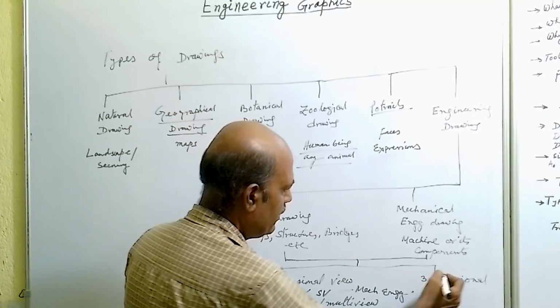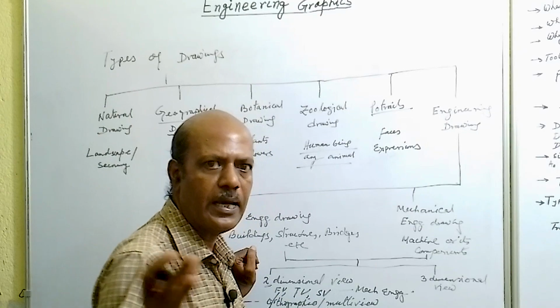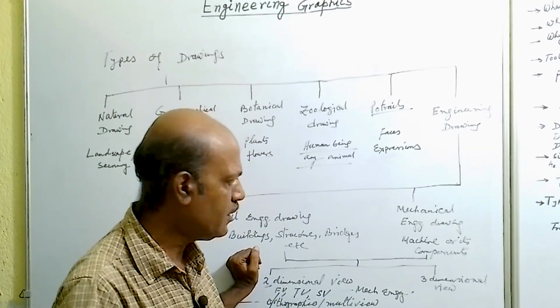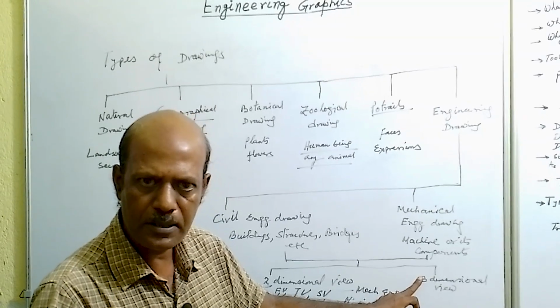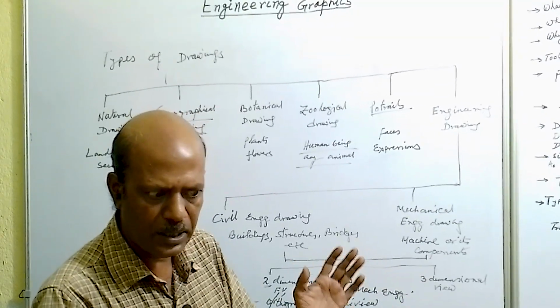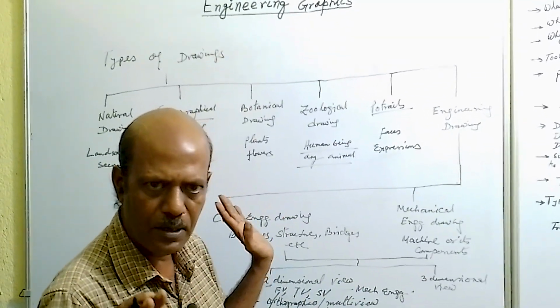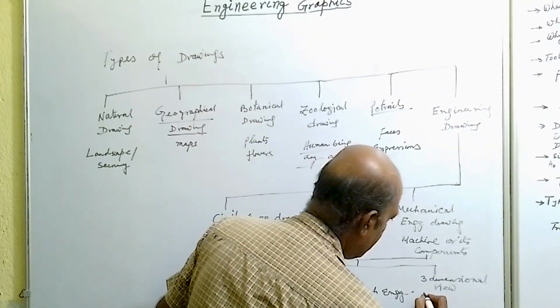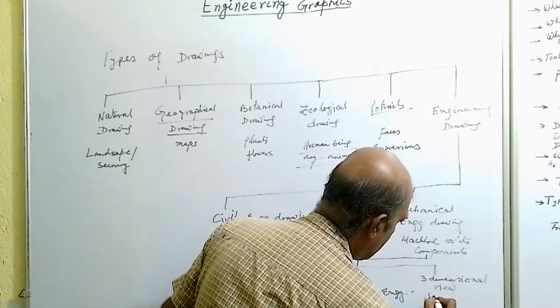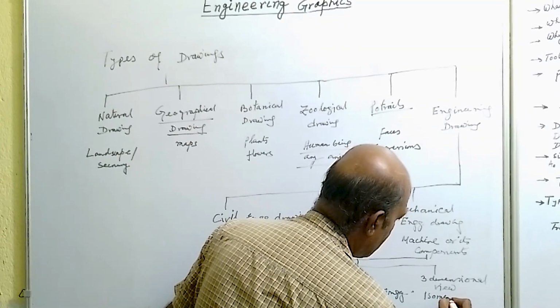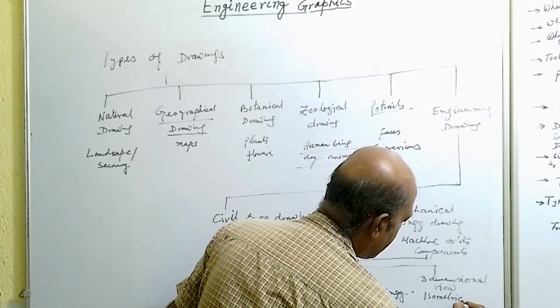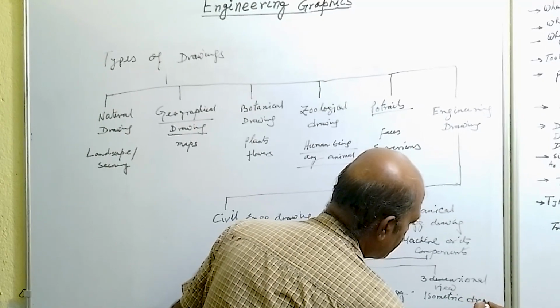And in three dimensional, we can draw the object in three dimensions. That is the 3D object. So as the object is looking, the view will be like that only. In mechanical engineering, this is called isometric drawing. That is, a three dimensional object is called isometric drawing.